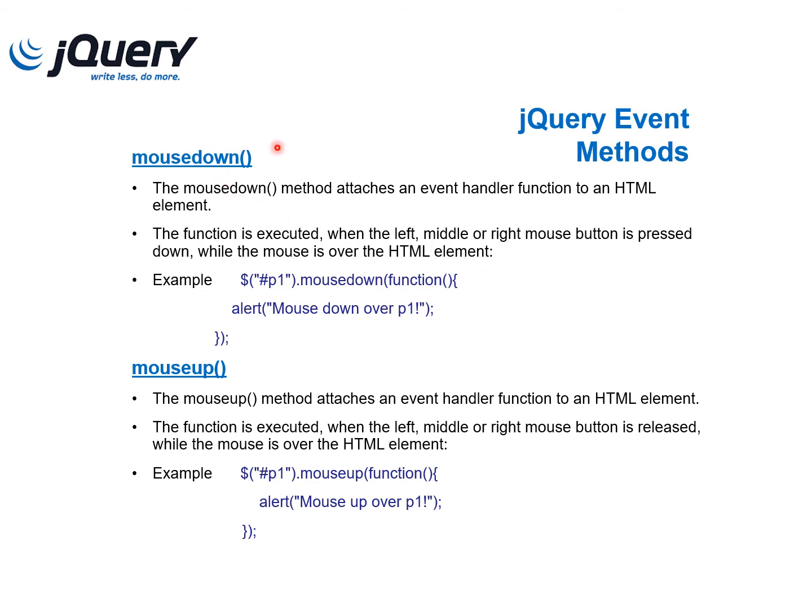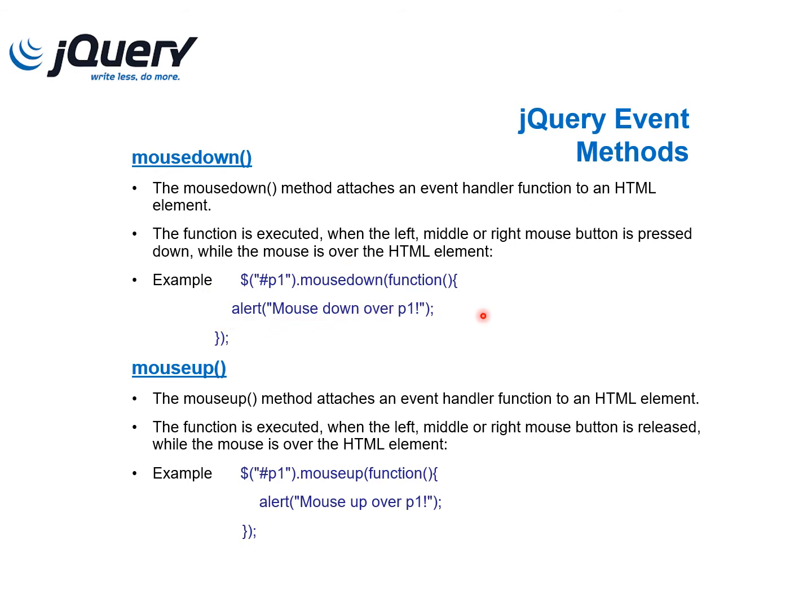So this can be defined like this: $("#p1").mousedown(function(){ ... }).